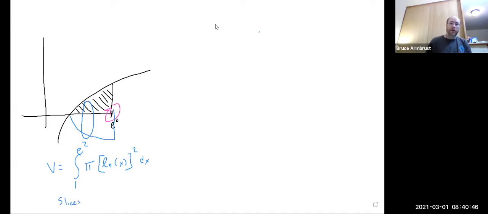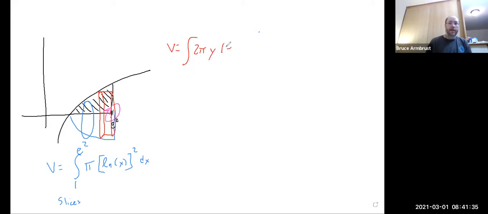We also could do cylindrical shells if we were so inclined. So there would be an example of one of the cylindrical shells. And for cylindrical shells, you guys remember how we do that? That's the 2 pi RH business. And so if we were going to integrate that thing, we'd integrate 2 pi. The radius is given by the y coordinate.